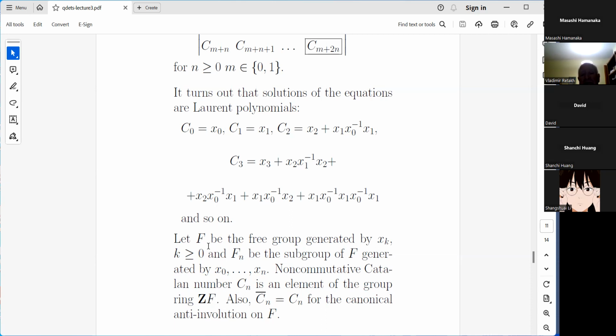Since you have just a free group, elements are words, and words you can read from left to right or from right to left. So it has an anti-involution, and all Catalan numbers will not change under this canonical anti-involution.